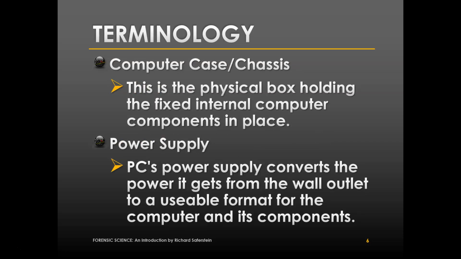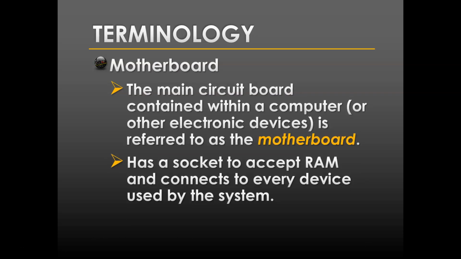Some other terminology for you is computer case or chassis. This is the physical box holding the fixed internal computer components in place. And power supply: the PC's power supply converts the power it gets from the wall outlet into a usable format for the computer and its components. Another piece of terminology is the motherboard, and this is the main circuit board contained within a computer or other electronic device.